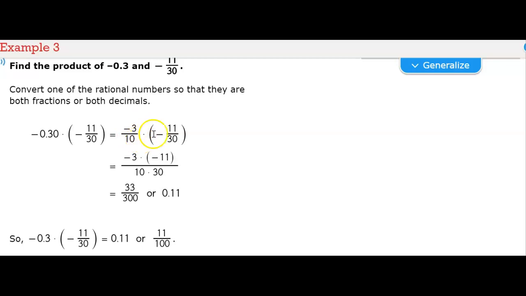So negative 3/10 times negative 11/30, and then you multiply negative 3 times negative 11 and 10 times 30. So 33 over 300, and you can simplify that by dividing by 3, and you'll get 11 over 100, and then the decimal version of that is 11 hundredths. That 11 is in the second digit, the hundredths place.